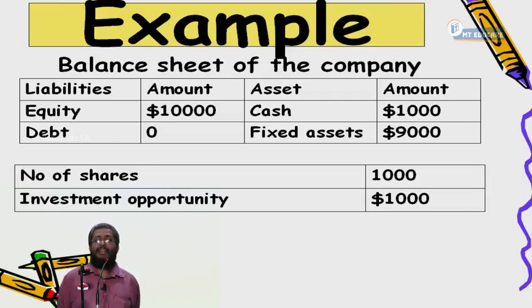Bracket open, it is not share capital plus reserves and surplus. Bracket close. Everybody understanding it or not? Next, point B.